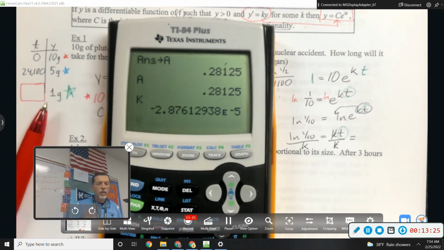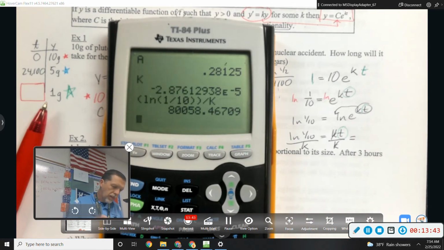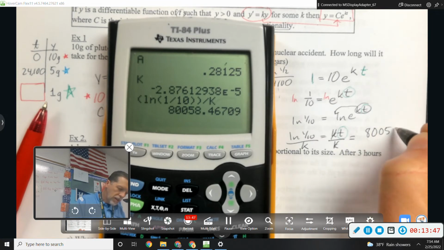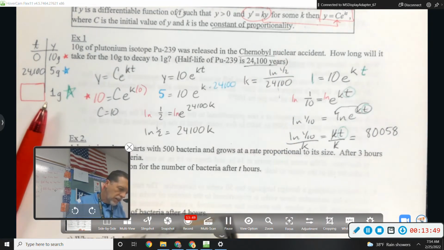So now I can go back to the calculator and do natural log of 1/10 divided by K. Actually, let's be careful. Make sure you're dividing the right thing here. 80,058.